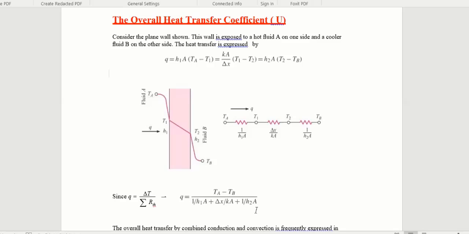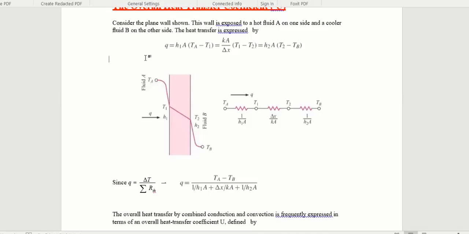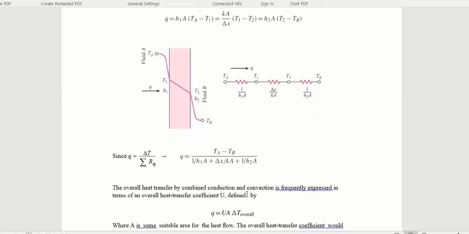So this equation and this equation are the same, only when we add it, okay, we get the same equation. So this is the equation, right? When we add all this, we will get, and we have taken out this temperature constant, Ta minus Tb divided by 1 upon H1A plus delta X upon Ka plus 1 upon H2A, right?